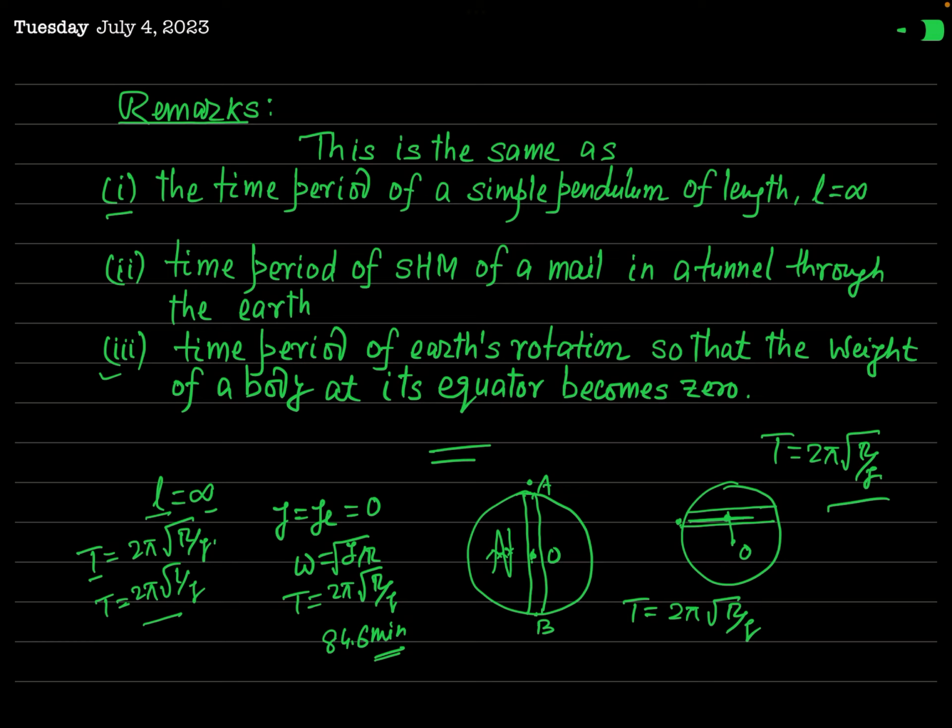So if you are writing this answer for the civil services examination, you must mention all these remarkable facts. Then you will get good marks. In a university examination it is not very essential, but in competitive examinations this comparison is very essential. Then you will be awarded good marks.